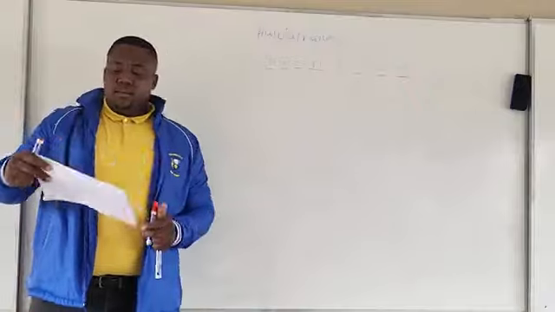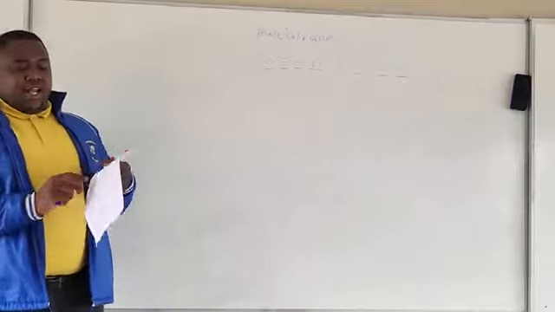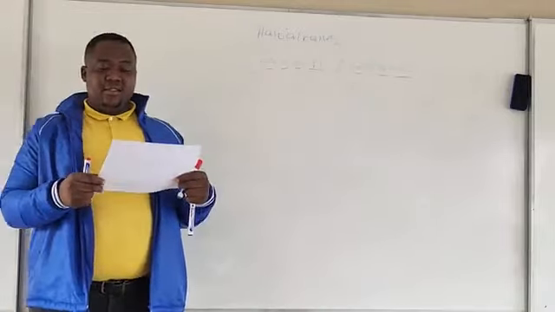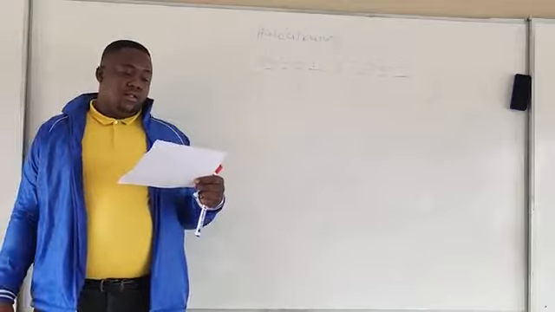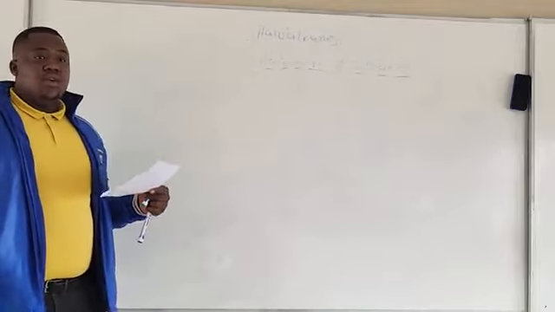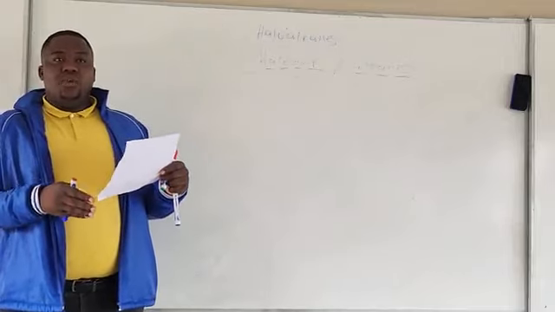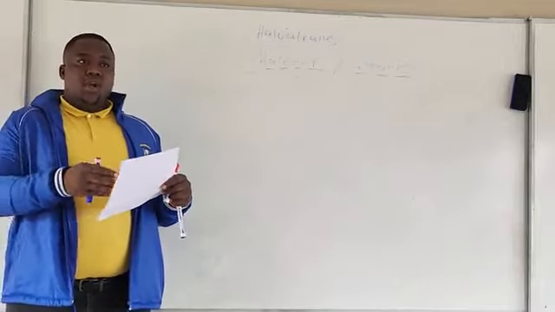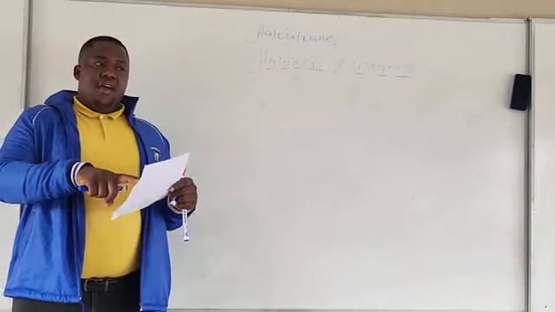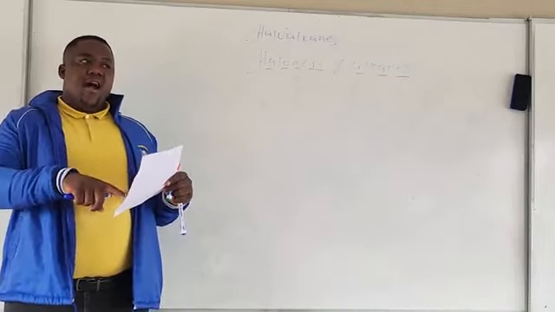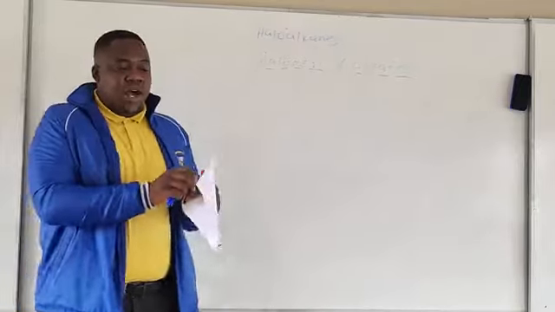If you take your periodic table and you look at group number 7, all of them, that column, we have the halogens.